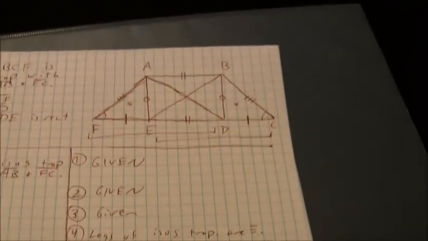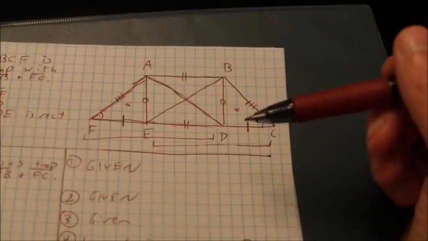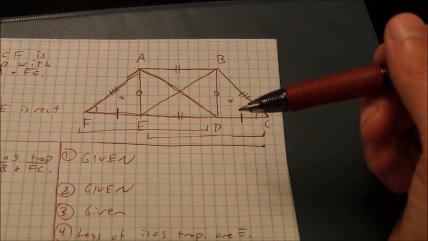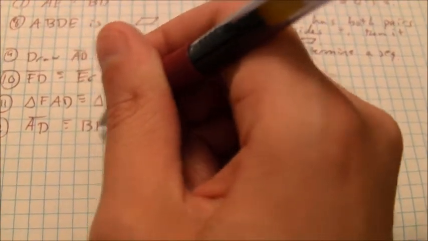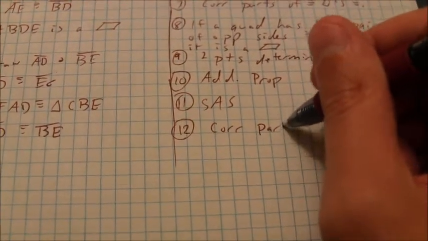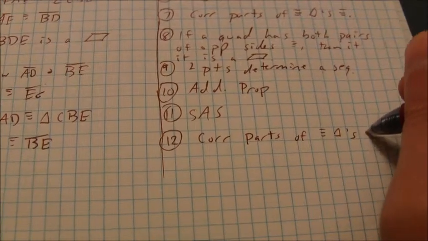And the reason I did this is because side AD and BE are corresponding parts of those congruent triangles, and as a result I will have shown that this is a parallelogram that has congruent diagonals. So step 12, AD is congruent to BE, and those are corresponding parts of congruent triangles.